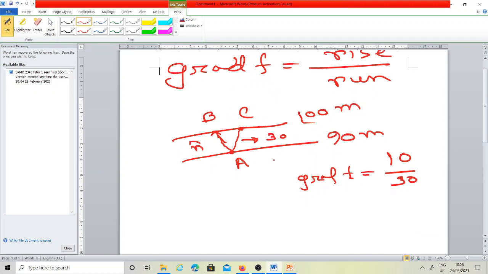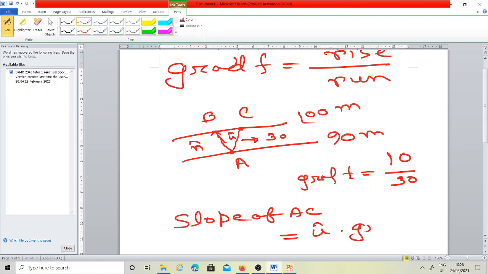For example, you want to find out the slope. What is the slope of the AC line? If the unit vector along AC is u, then you just need to multiply it with grad f. You will see in the video how it is interlinked with each other.